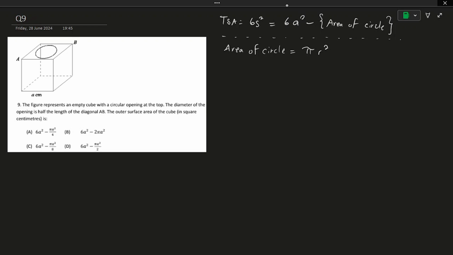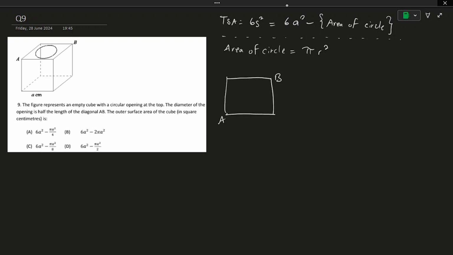Right, so at the top of this cube, we have this square and we have AB like this, and we have a circle in the middle of this square. Just imagine that it's there. So that circle that is at the top, we imagine that it's here, right?